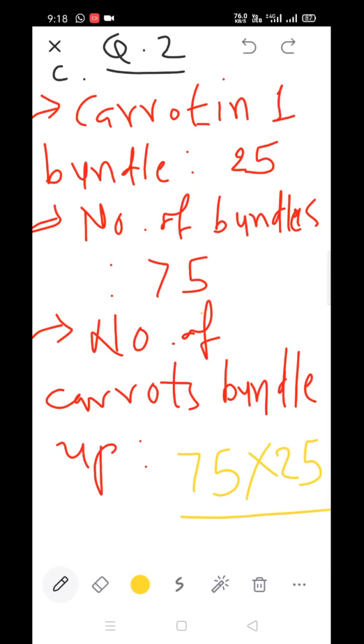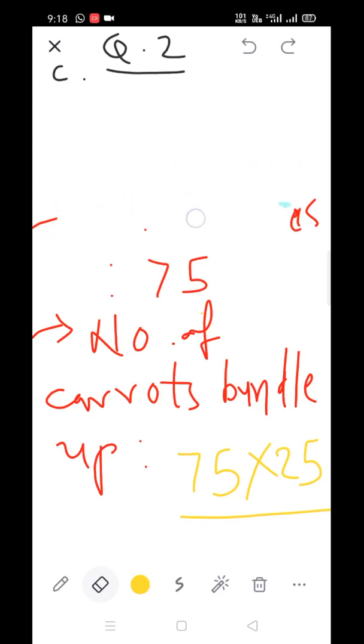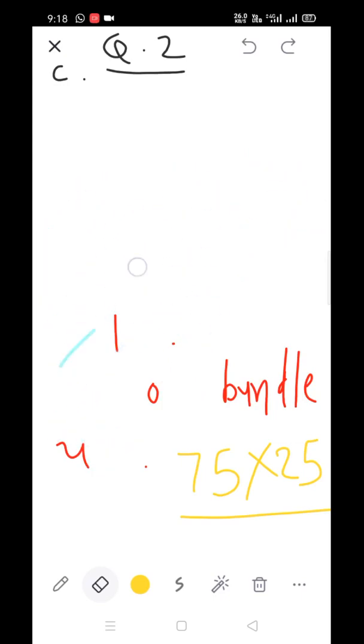We got the horizontal form. So we will arrange it vertically and start our multiplication. 75 multiplied by 25. I am going to show you the multiplication. I will share the photo of this in the group, so you will continue from that.